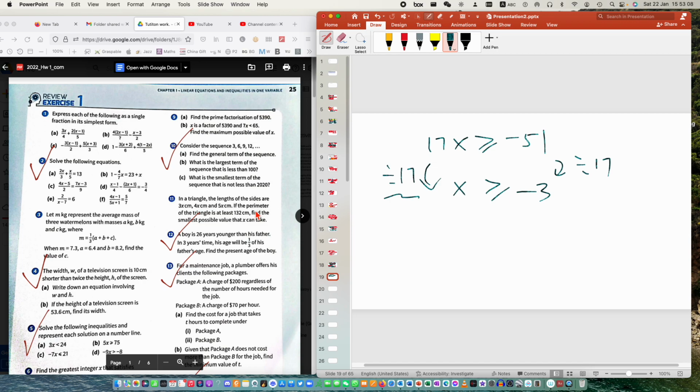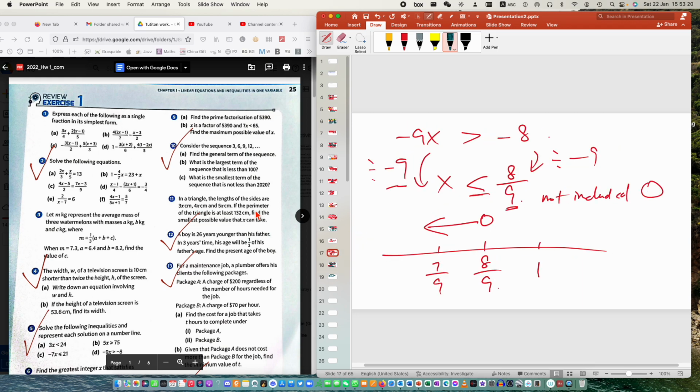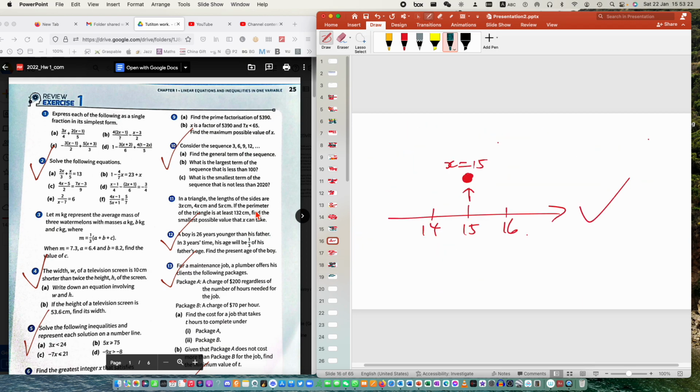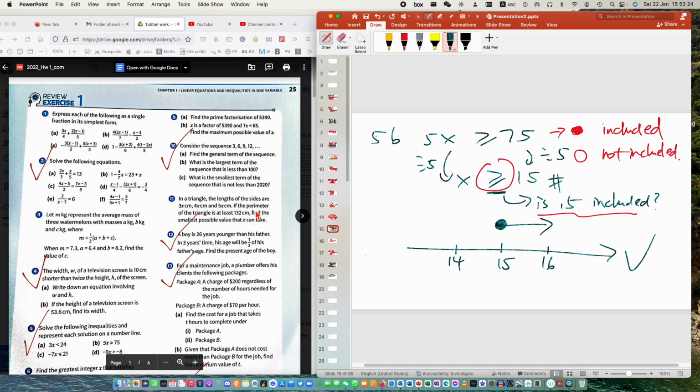Hollow or solid? Solid. How come your solid looks not so solid? I can't even see it. Where do you put the dot? Look, where do you put the dot? Above, together with the arrow.